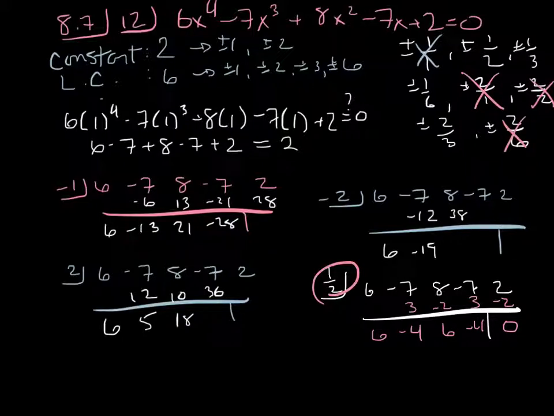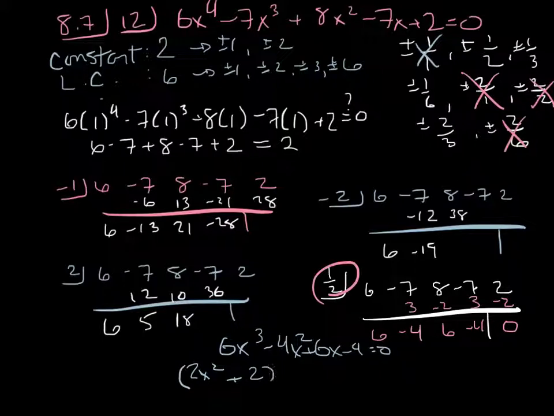Okay, but 1/2 works, and then I end up with this expression, 6x squared minus 4x plus 6x minus 4 is equal to 0. Luckily for us, that's factorable. That's factorable with, can pull out a 2x squared, so I get 2x squared plus 2, and then we get x minus 2 on the other one equals 0.